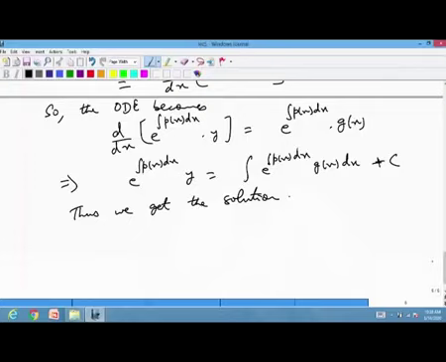So, this factor that we multiplied, e to the integral p x dx, this is called integrating factor. So, here e to the integral p x dx is called an integrating factor.